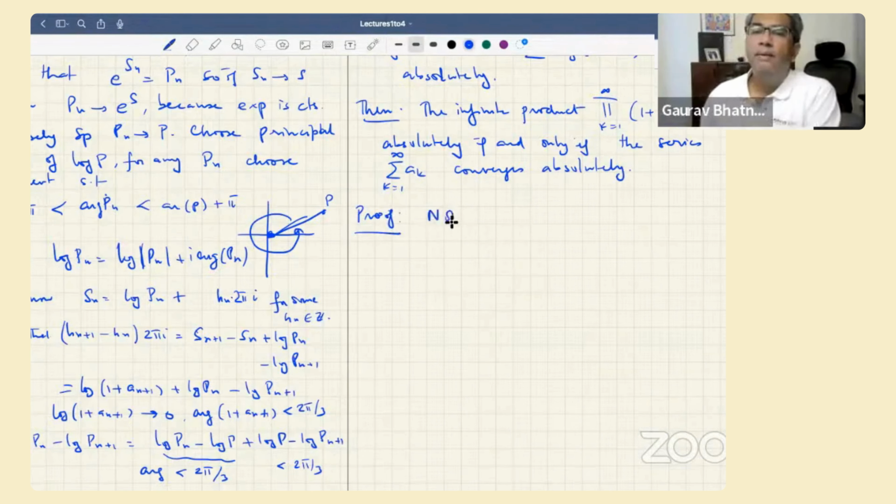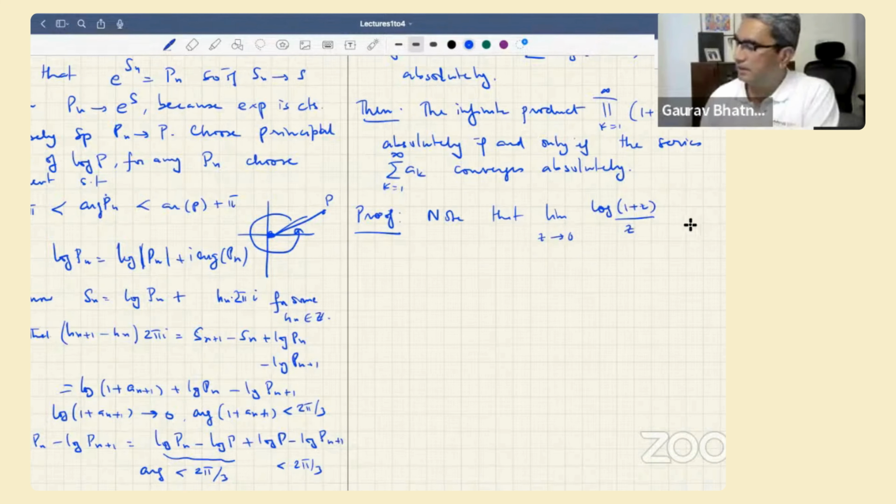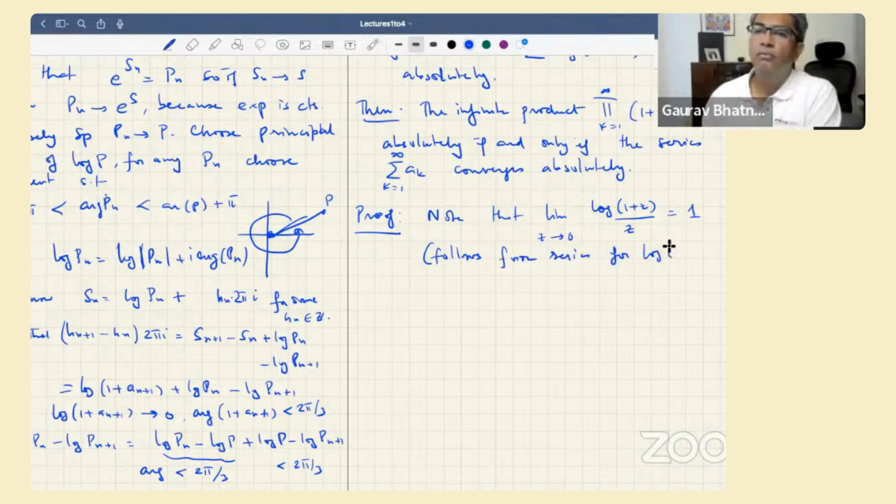We recall, note that the limit as z goes to 0 of log 1 plus z over z, minus 1, is equal to 1. This is elementary calculus, but it also follows from the series for log 1 plus z.